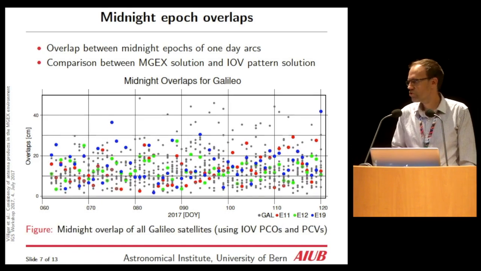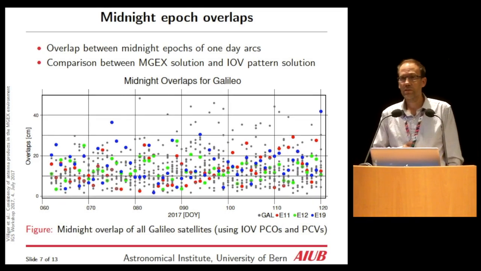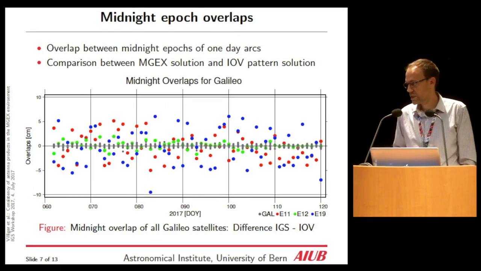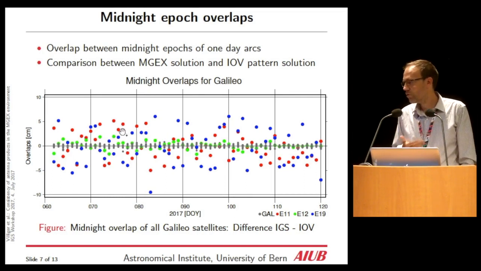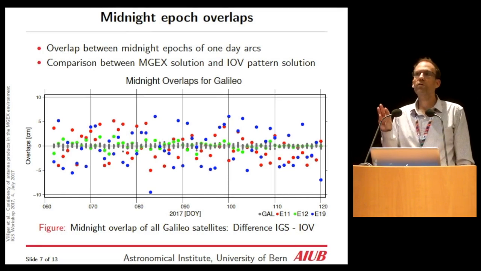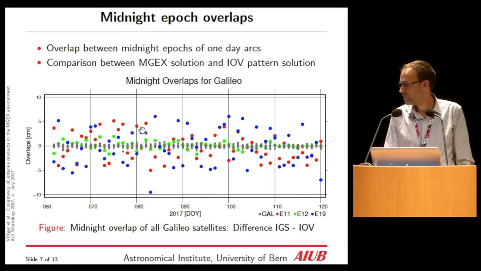So within the next plot, to show what's the difference, I plotted the difference between these two solutions. Of course, as to be expected, the gray points are quite similar in both solutions, the patterns have not changed. For the other ones, for which I have the patterns, I see a difference between the overlaps. It has to be mentioned that if the IOV overlaps are smaller, I get a positive difference.